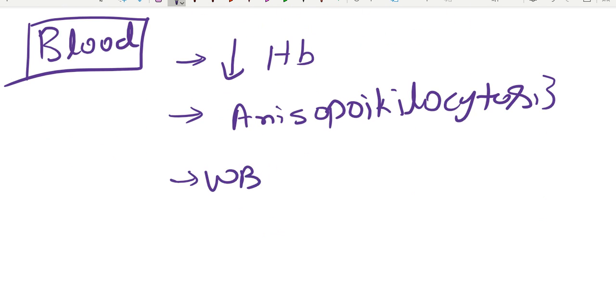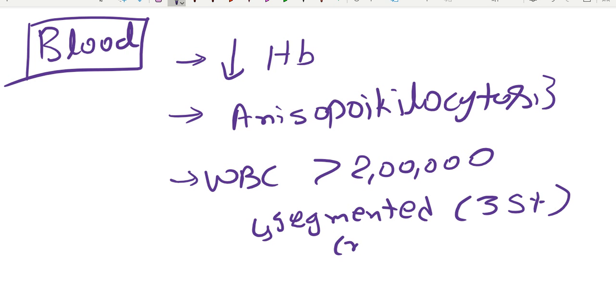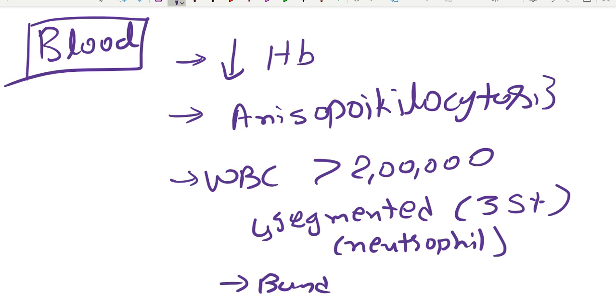WBC are more than 2 lakh. Segmented forms are 35%, mostly neutrophils, and band form WBC are 15%.